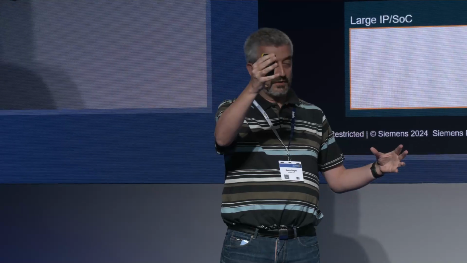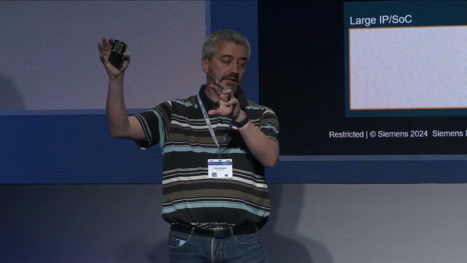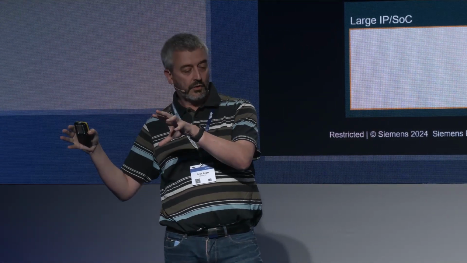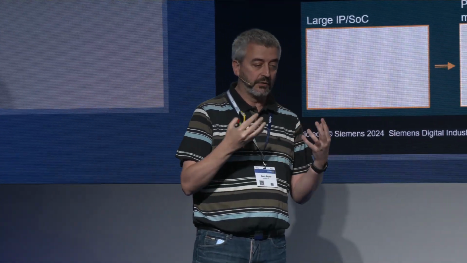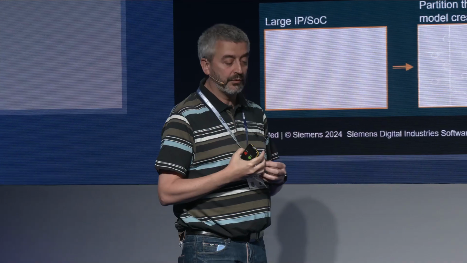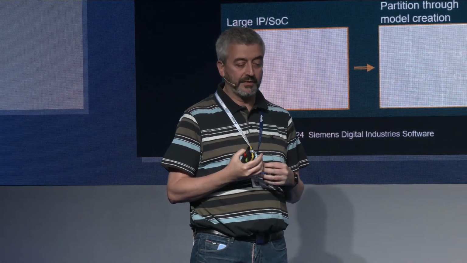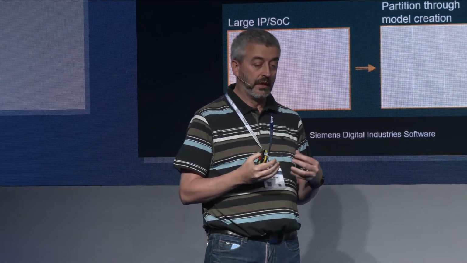You then get an automatic partitioning of the design into parts that are directly connected, parts that are indirectly connected, and parts that are not connected at all. This can really help build a crucial design understanding to be able to do a proper analysis of the security features.